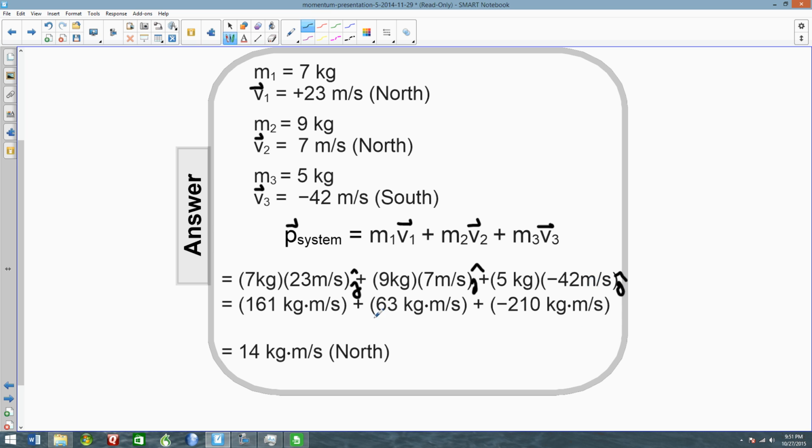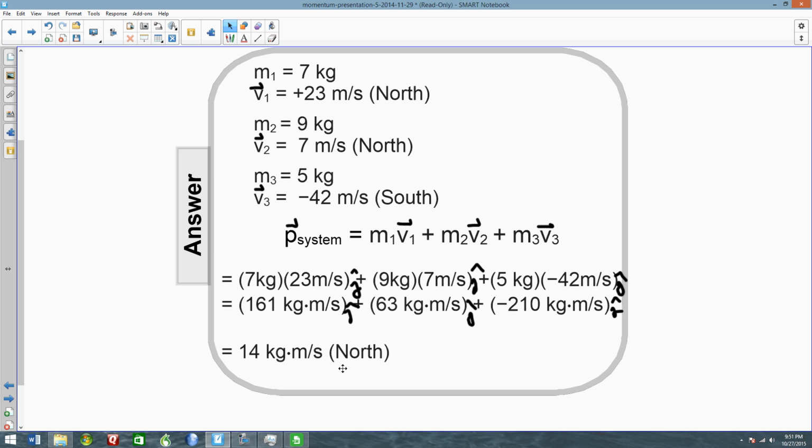And that gives us a total momentum of 161 kilograms meters per second J hat plus 63 kilograms meters per second J hat minus 210 kilograms meters per second J hat, which gives us a total of 14 kilograms meters per second going north.